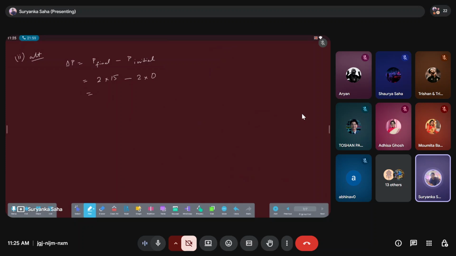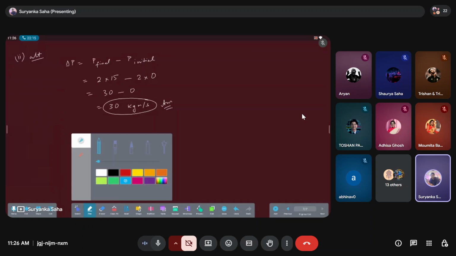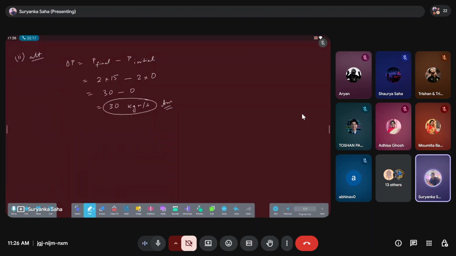So it will be 30 minus 0, equal to 30 kg meter per second. See, this is the alternate process. This is mass into final velocity, and this is mass into initial velocity, which is 0 because initially the body is at rest.